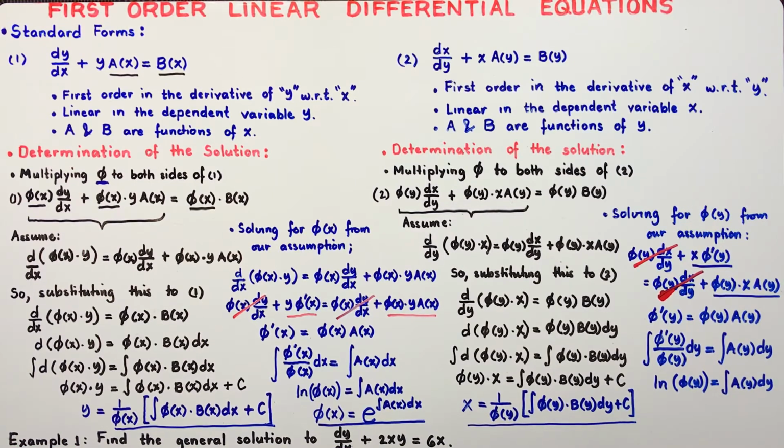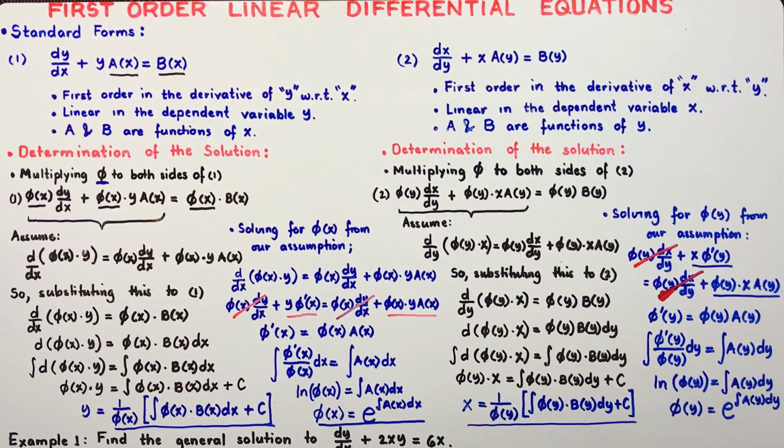And raising both sides of the equation by e, the natural log cancels with the e. So what remains is phi of y, which is equal to e to the power of the integral of a of y dy.